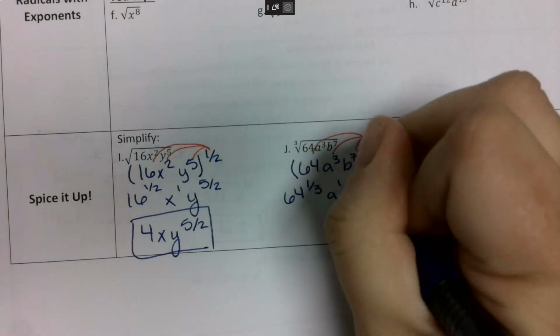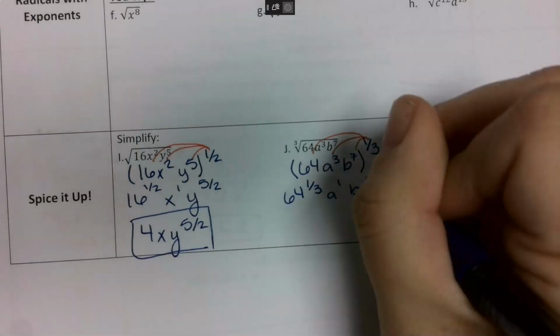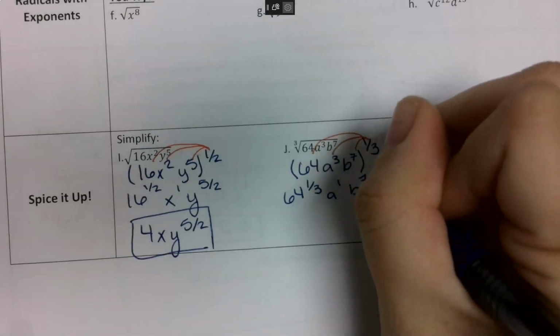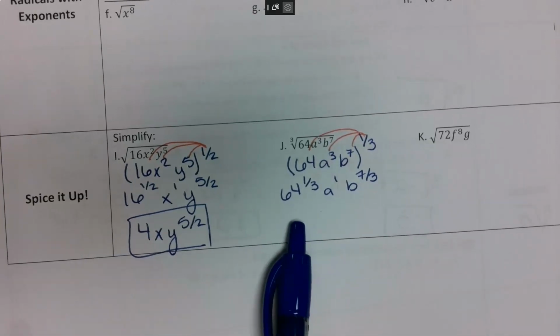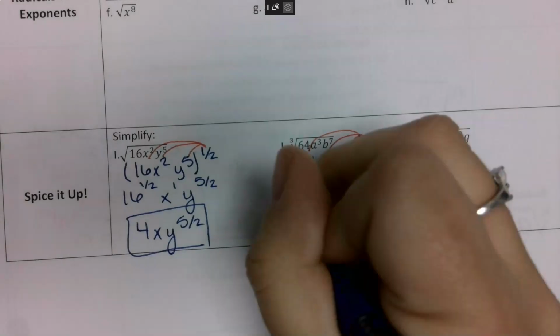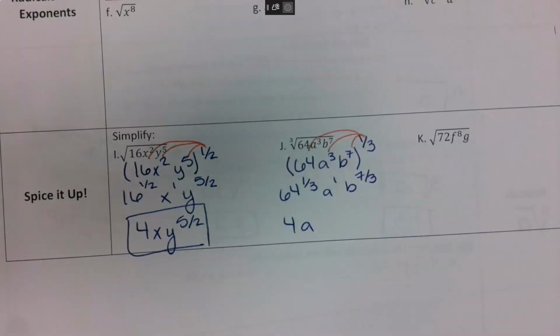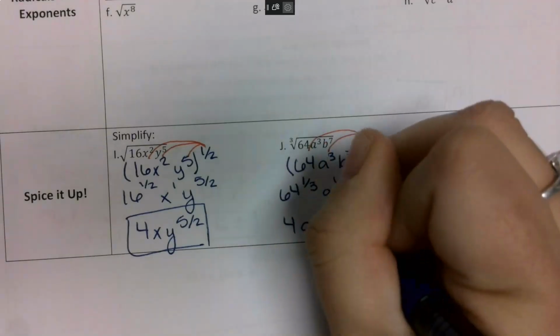And then 7 times 1/3? I'm just going to leave it as a fraction, 7/3. So then if I type 64 to the 1/3 on my calculator, what does it give me? 4. So then I'm going to have 4a. I don't want to write my exponent on a. And then I have b to the 7/3.